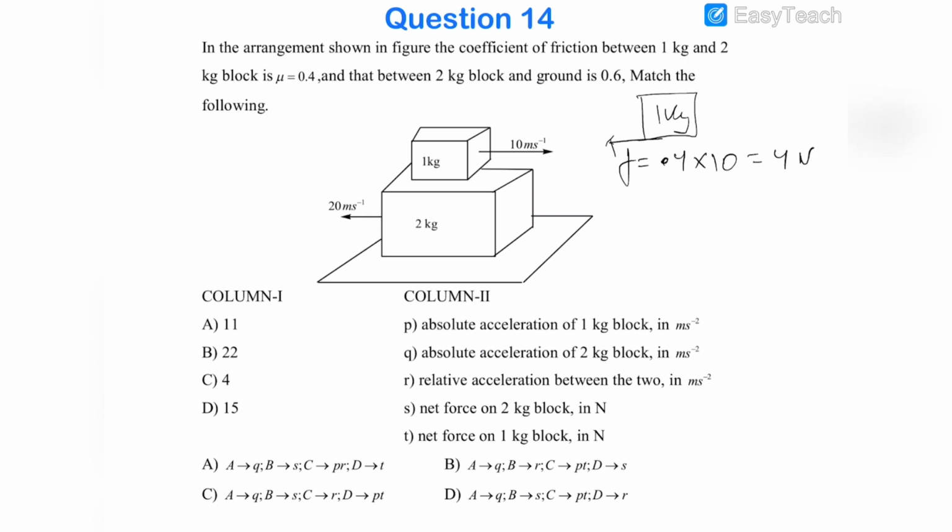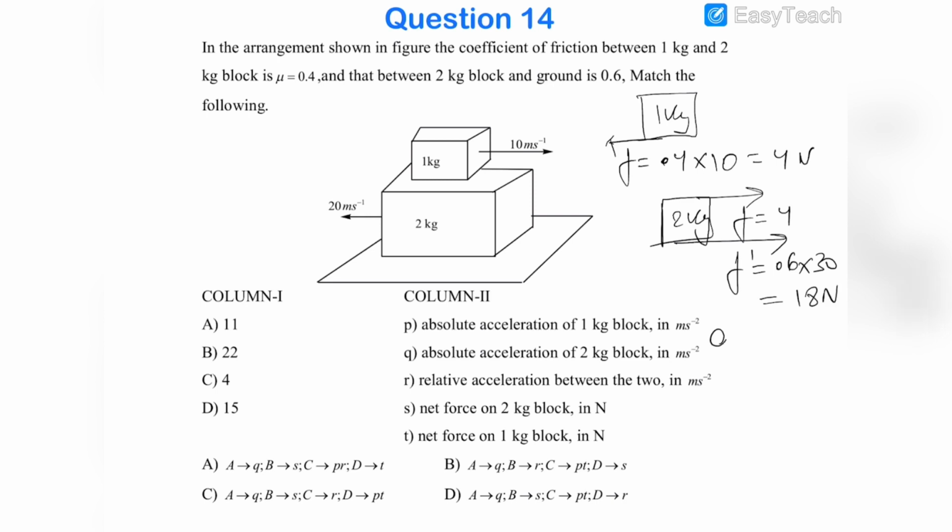Newton, and the friction force acting on this 2 kg block would be in the forward direction, and it would again be 4 Newton, but the friction of the ground would be 0.6 into 30, so it is 18 Newton.